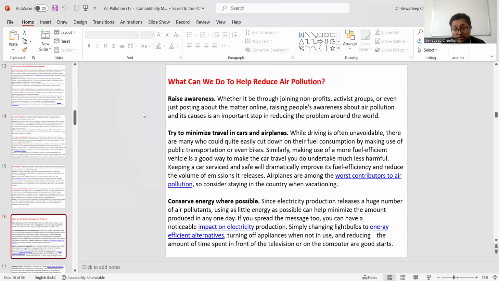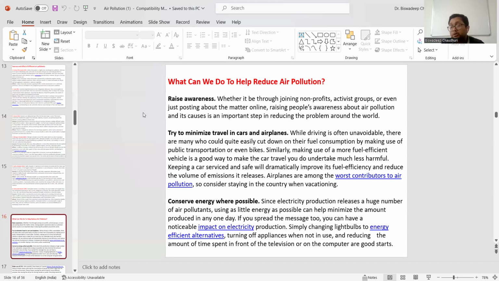So next is very important. What can we do to help reduce air pollution? Raise awareness. This is the key to all success against air pollution. Because if you are aware, you will not let this pollution increase. You will not be able to do such things if you are very much aware.